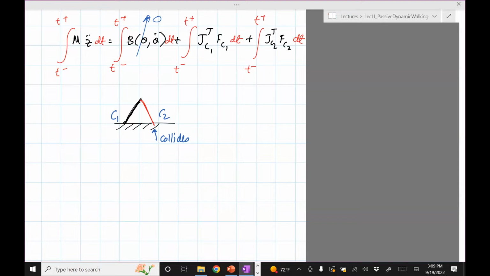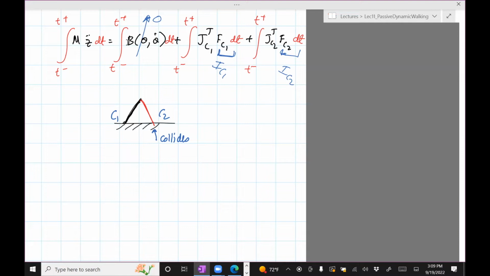Next we have two terms. Now, what are FC1 dt? Basically, we can club that as the impulse. Let's call that impulse C1, and this is impulse C2, right? Impulse is the integral of force dt. The first one gives me the impulse on the trailing leg, C1. The second one gives me the impulse on the front leg. Now, we assume that when the front leg, that is C2, hits the ground, there is a force, but C1 is not really colliding against the floor.